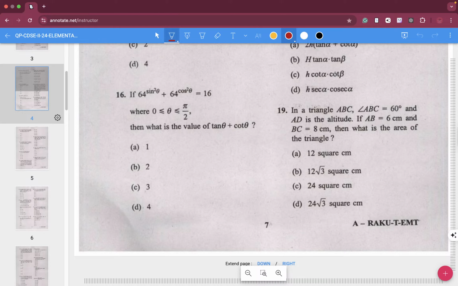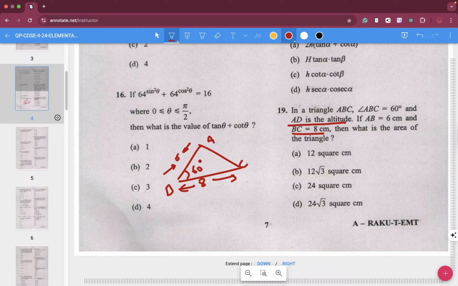In a triangle ABC, let's draw a triangle ABC over here, angle ABC is equal to 60 degrees, AB is equal to 6. They have also given an altitude, but I'm not drawing it. BC is equal to 8 is what they have given. Now they are asking for the area of the triangle.